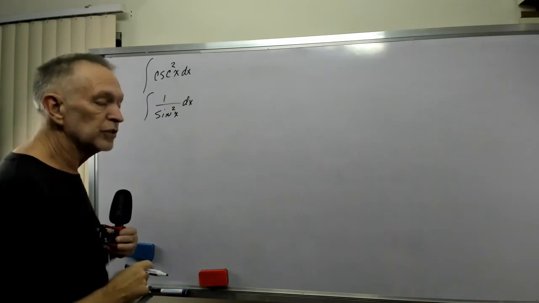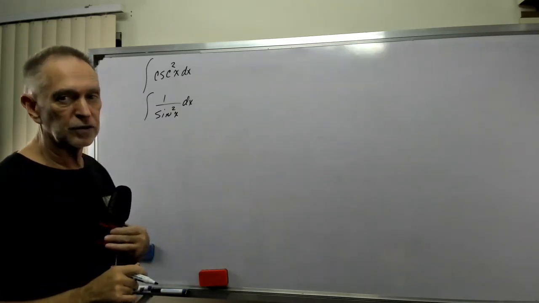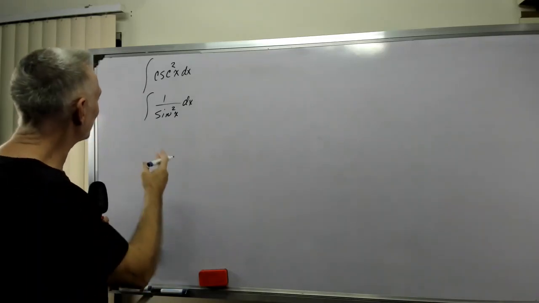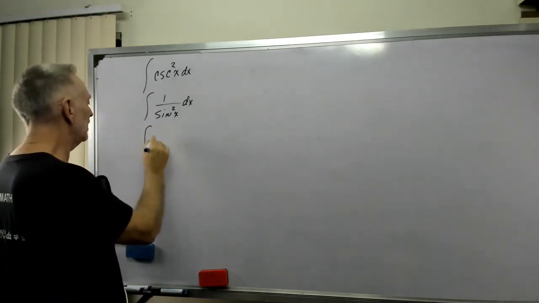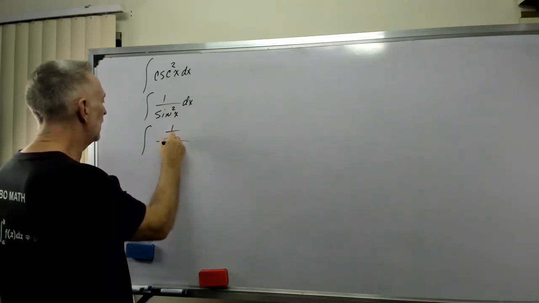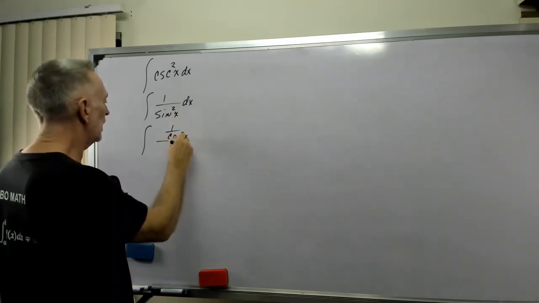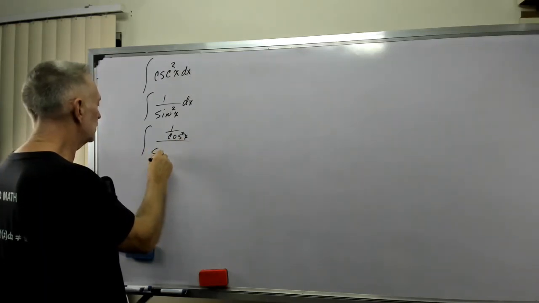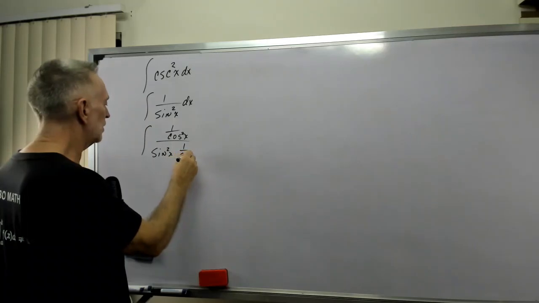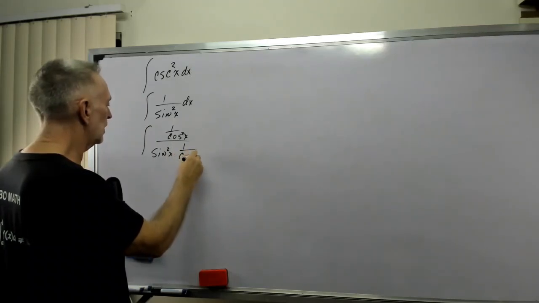And you know, sine and cosine are big buddies, but I don't have a cosine, so I need to figure out how to get one in here. So let me do this. Let me multiply by 1 over cosine squared x. So I have my sine squared x here, and multiply again by 1 over cosine squared x.